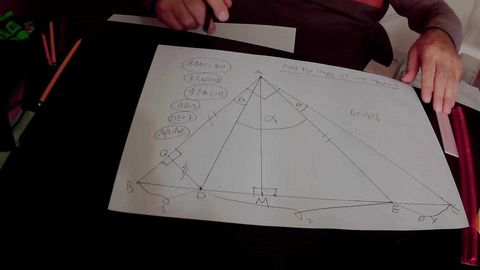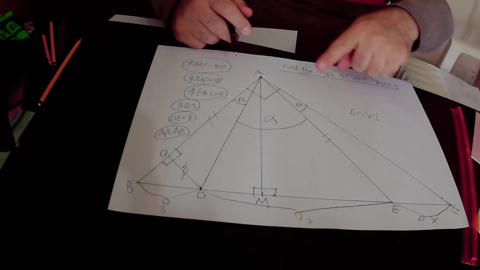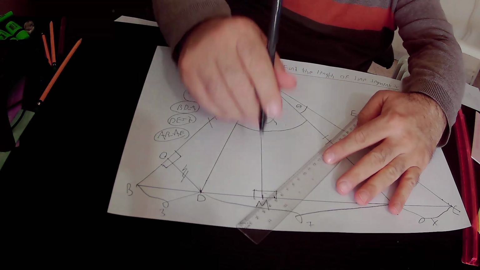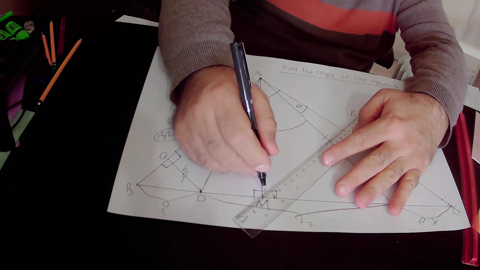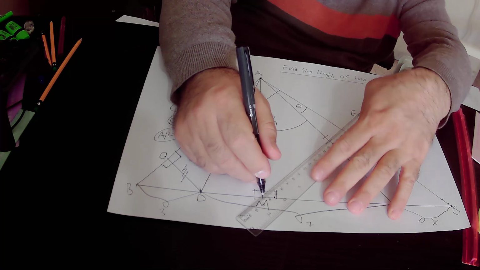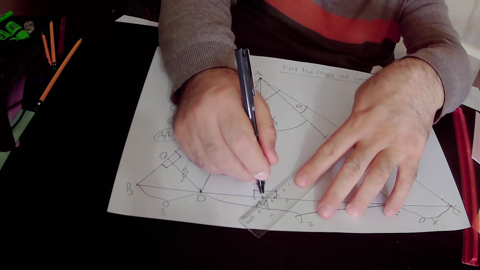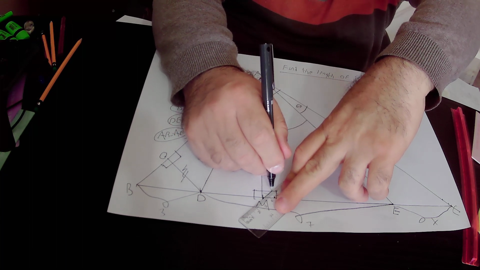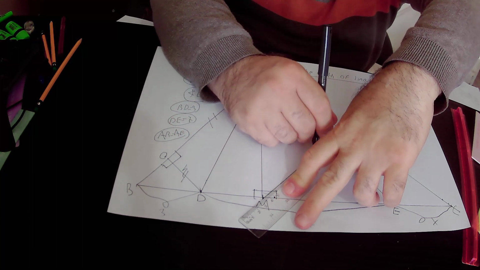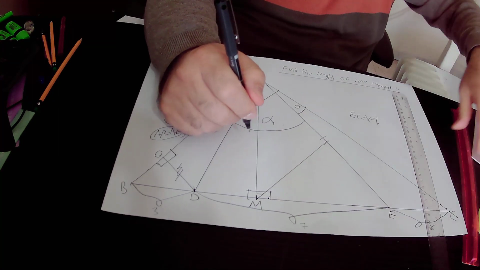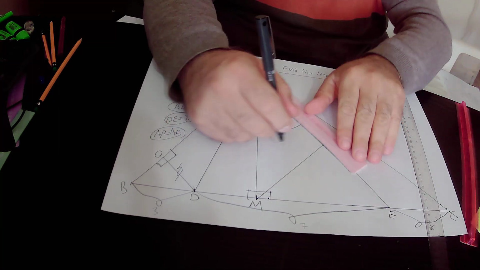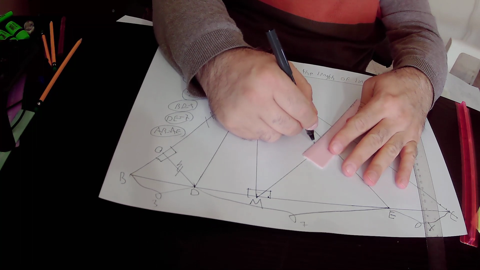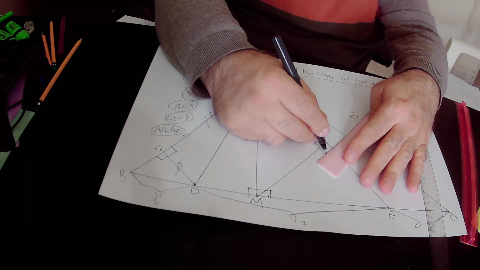From point D, we will draw a perpendicular to the base AE, and it will be the height to the base. So this angle will be equal to 90 degrees, and this angle will also be equal to 90 degrees.